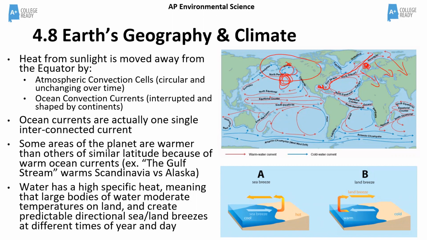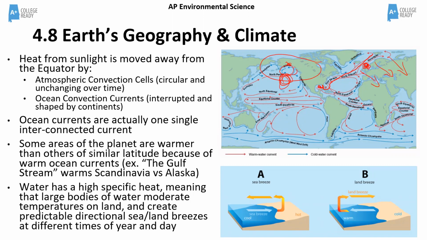Where I'm from, close to the Gulf of Mexico, the water stays warm well into October, November, when you may have already had very cold fronts of air coming through on the land. So the land might be very cold and the ocean's warmer. And so now you get this breeze that blows from the land outwards into the ocean, where the air now rises because it's warmer.